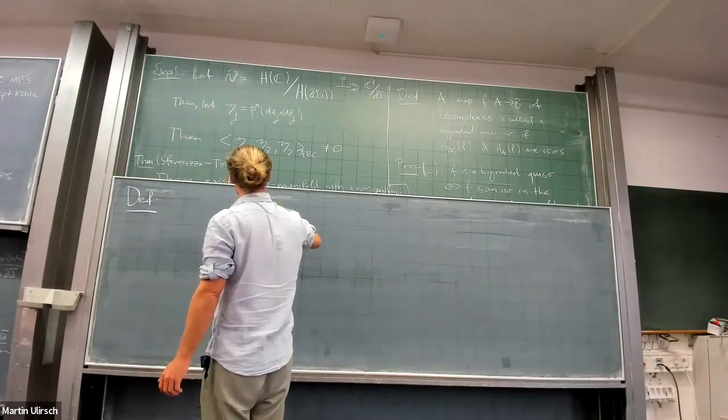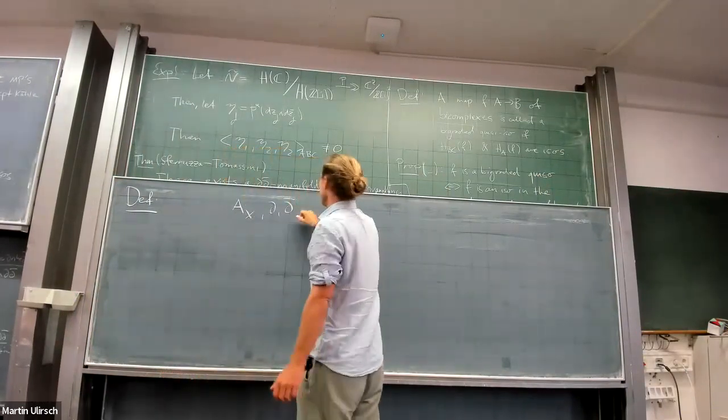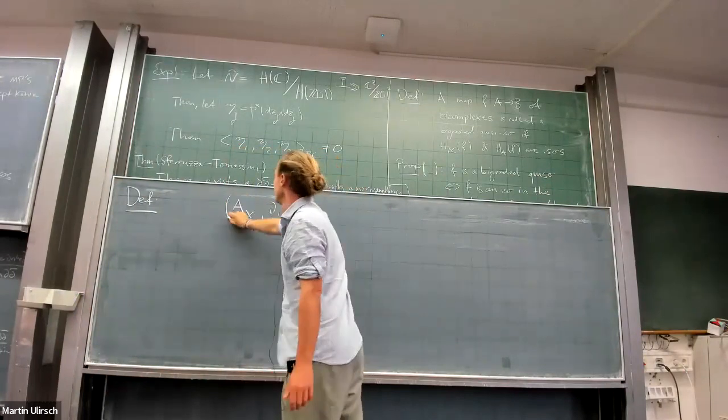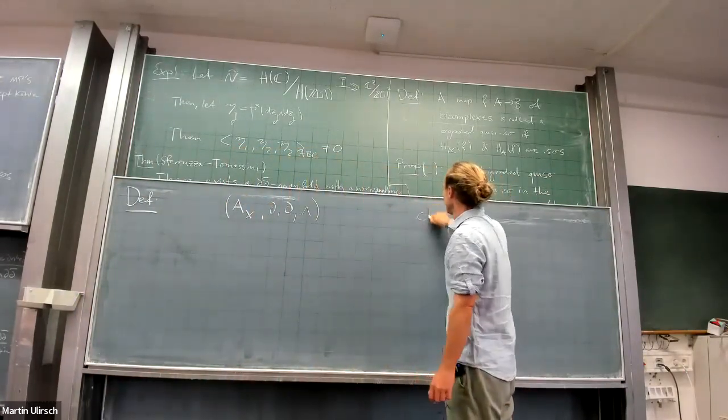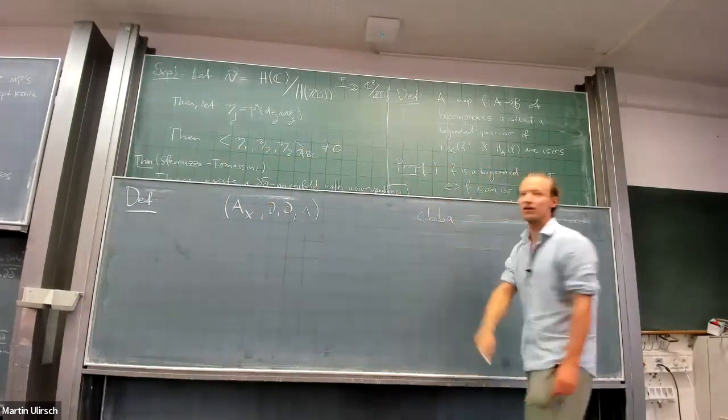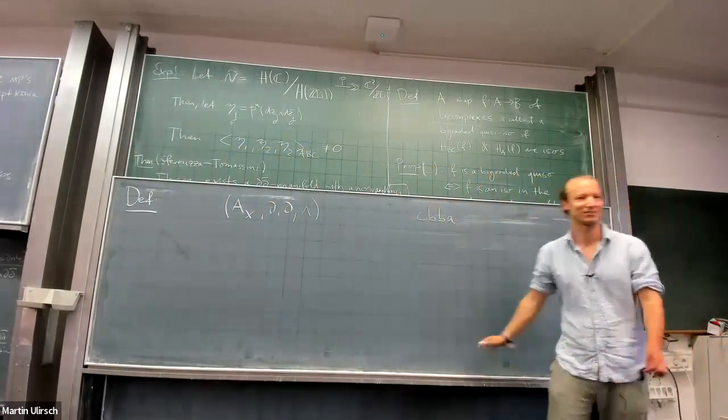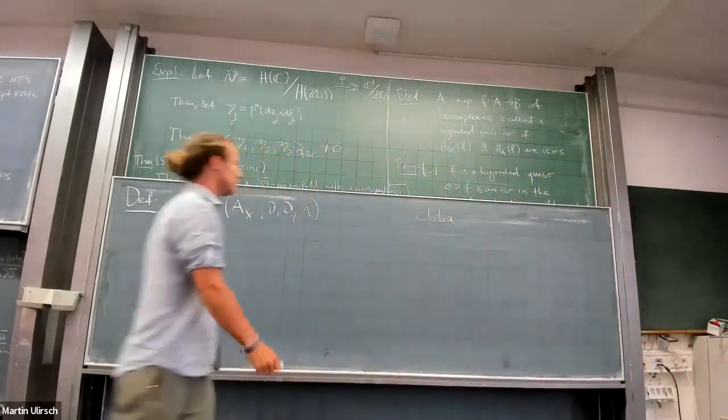So let's look at this object. It's a bicomplex together with a multiplication. So let's call it a commutative bigraded bidifferential algebra, CBBA, just like the CDGA, just with bi.